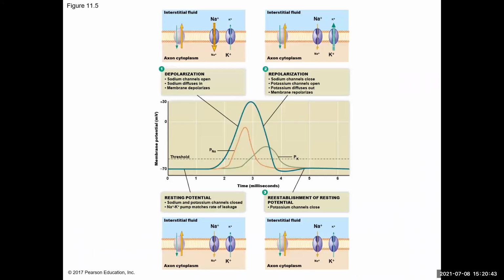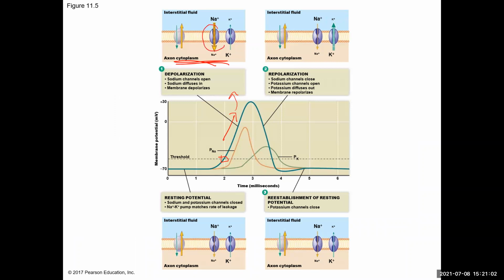We have a figure here showing this process. Here we have your threshold being met. This increase is depolarization. So when this threshold is triggered, this happens up here, depolarization.